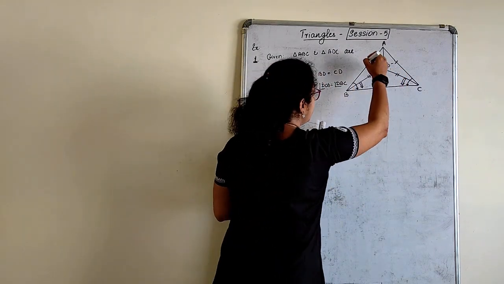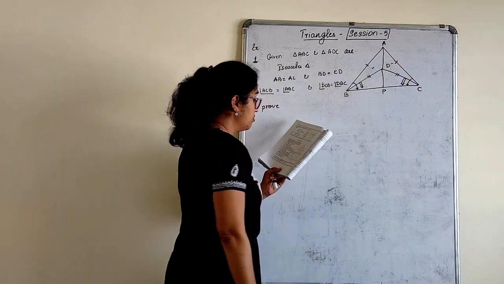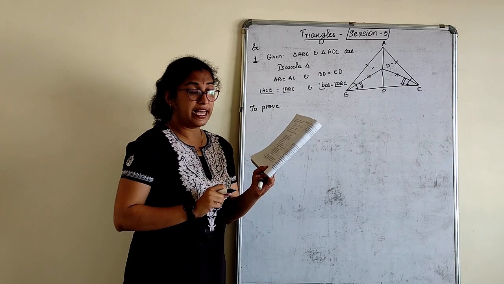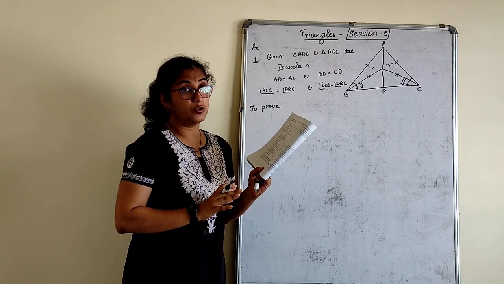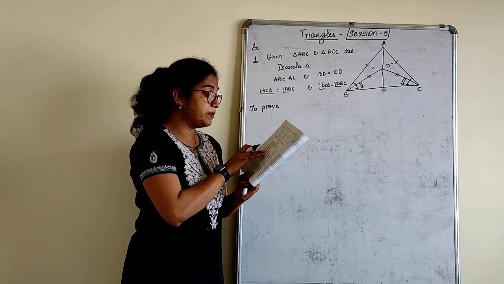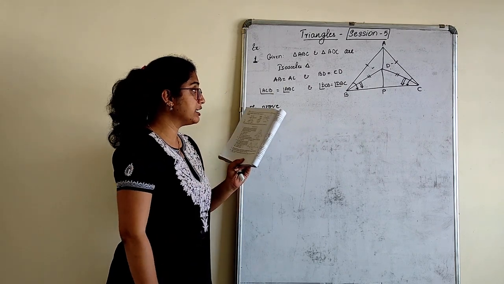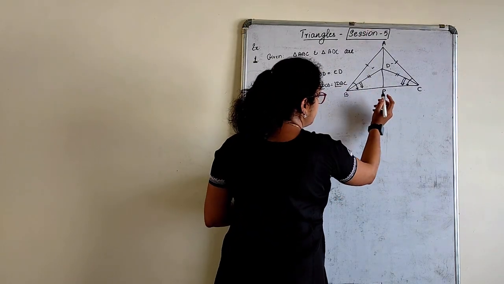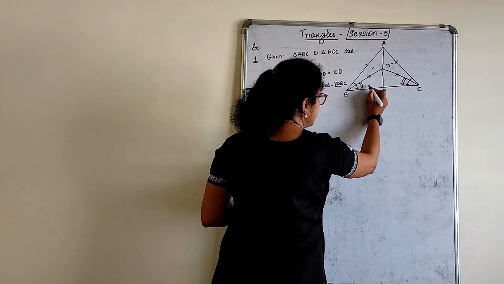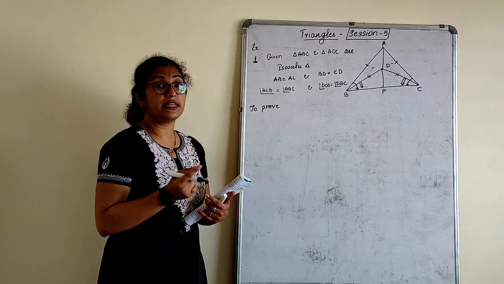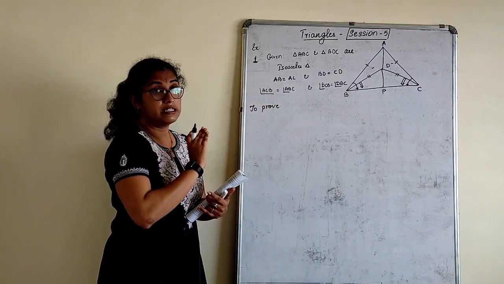Triangle ABP is congruent to triangle ACP, point number 2. AP bisects angle A as well as angle D, that is proved by CPCT. The last part, AP is the perpendicular bisector of BC. That means we need to prove it bisects at 90 degrees and BP is equal to PC. BP is equal to PC can be proved by CPCT.